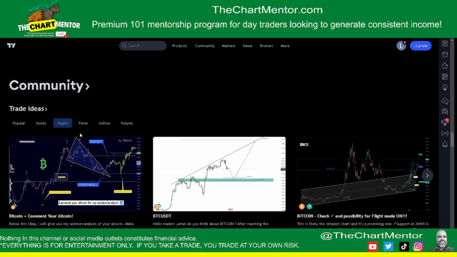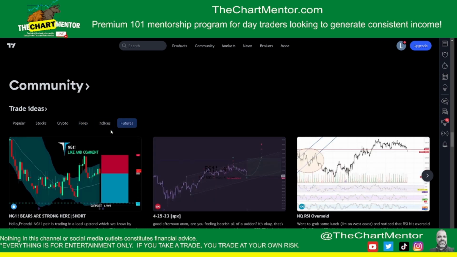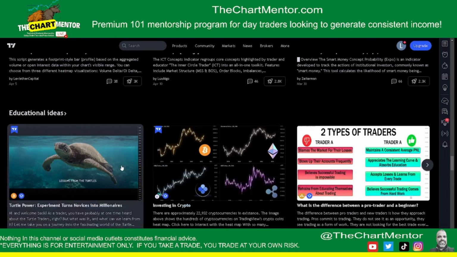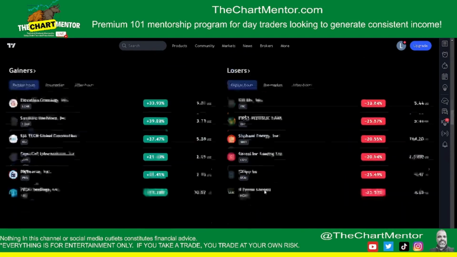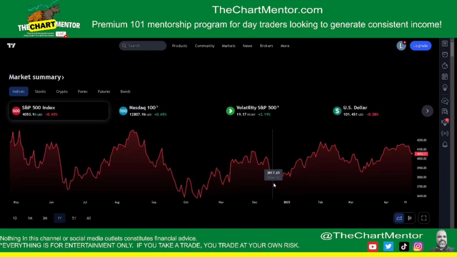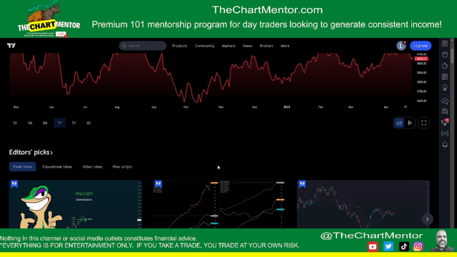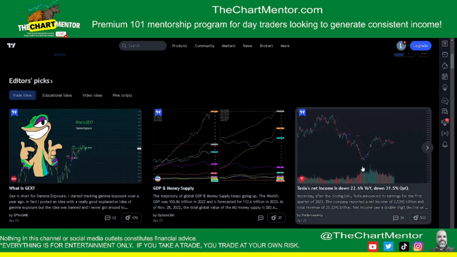Now it's instead of just being the editor's pick, the difference between this one and the one above is that this is just everybody. Okay, the same thing for the scripts, the same thing for the educational. So basically the top, the editor's pick is your hand pick of the best of the best according to them.